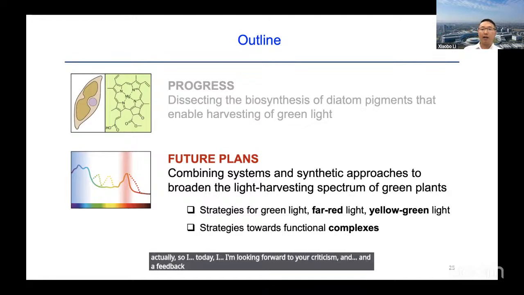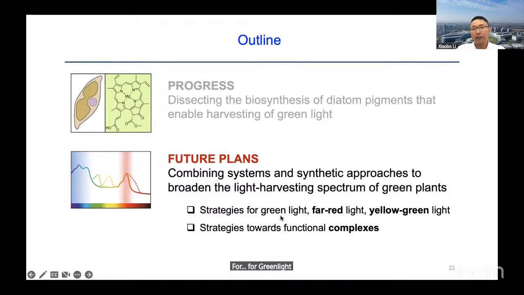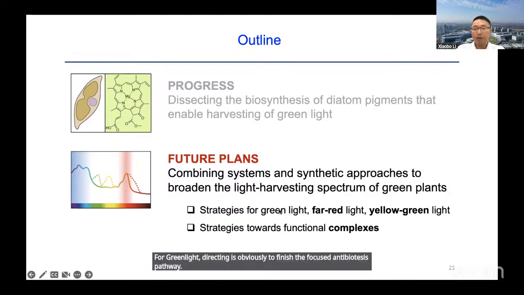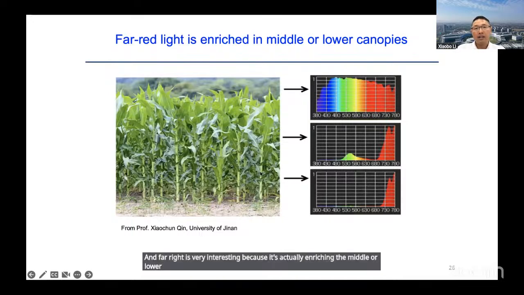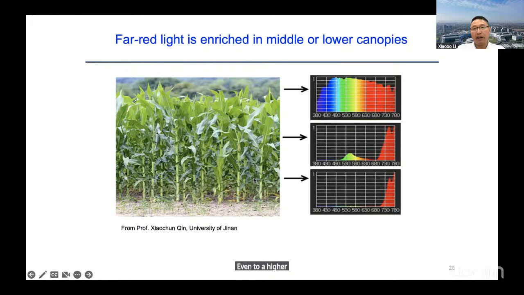First, we want more pigment choices, not just for green light, but also far red light and yellow-green light. For green light, our direction is obviously to finish the fucoxanthin biosynthesis pathway. And far red is very interesting because it's actually enriched in the middle or lower canopy to a higher degree than green light.